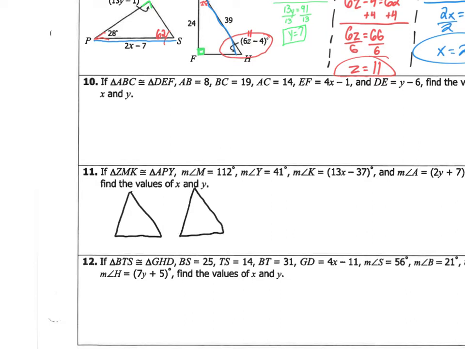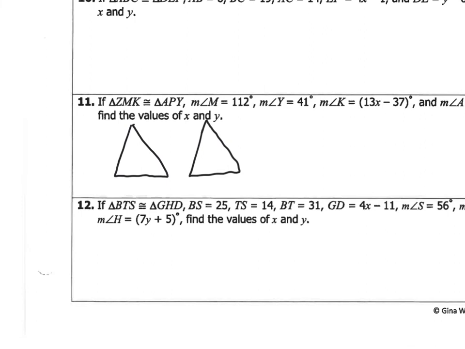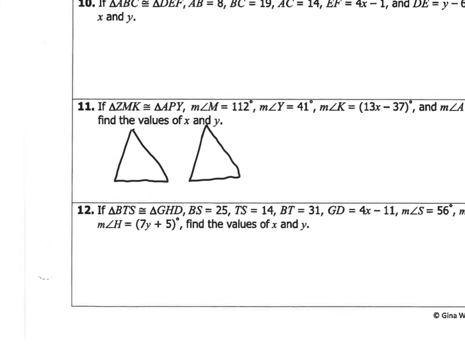All right, we're good. So we would have triangle Z, M, K, and A, P, Y. Measure of angle M is 112.